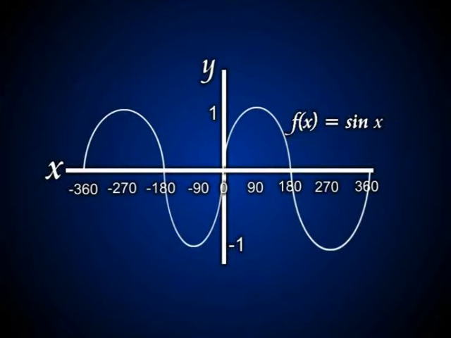The second reason I've chosen my table as I did, you'll notice that I moved up in intervals of 90 degrees. Unlike all of my previous functions tables where I moved up in intervals of 1 or 2, in this case I used the 90 degree interval because sine of 1 is very similar to sine of 2, which is similar to sine of 3.